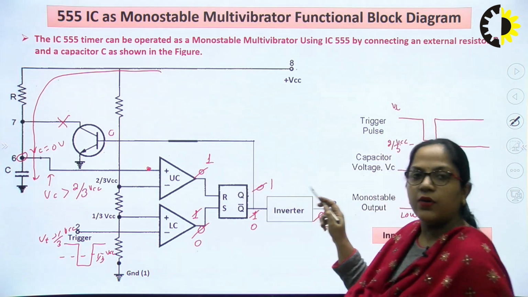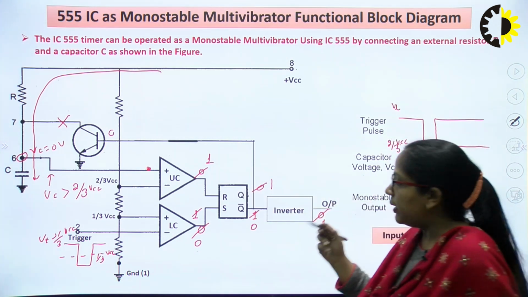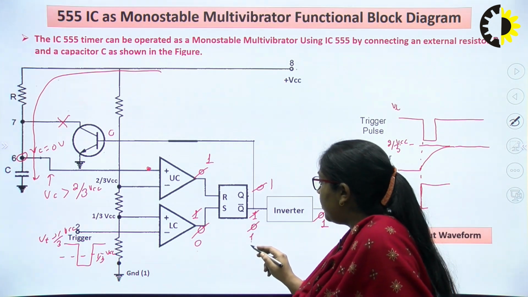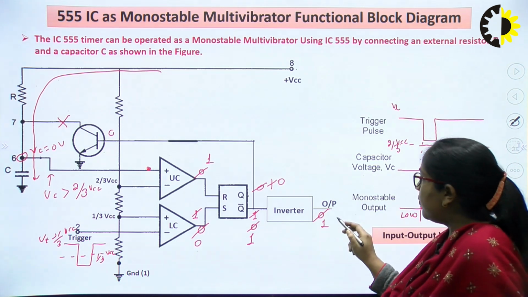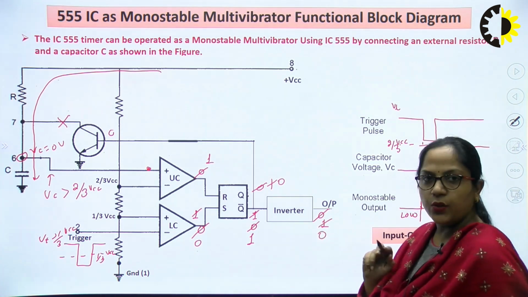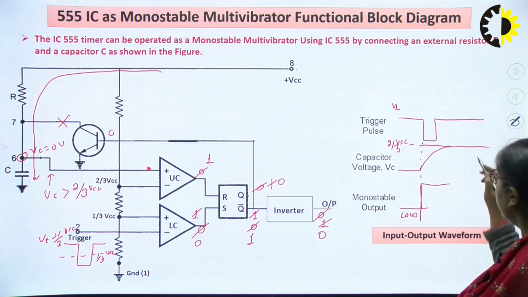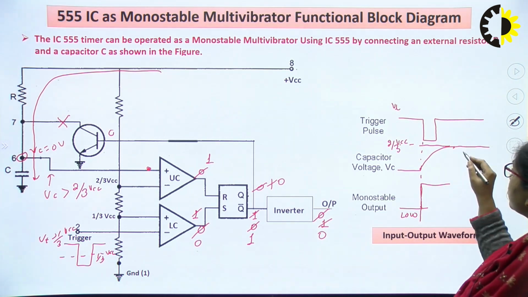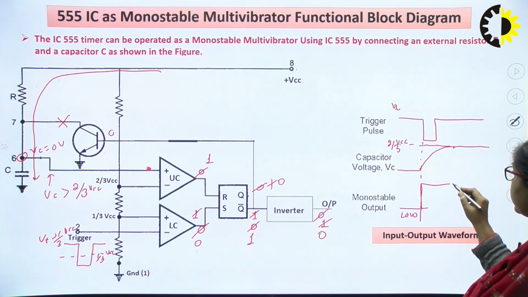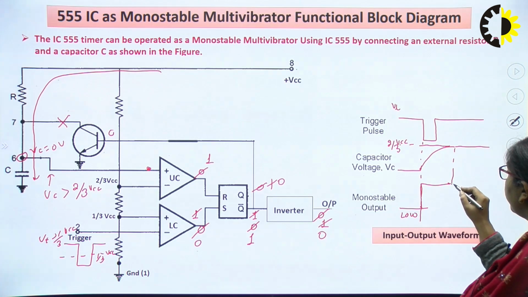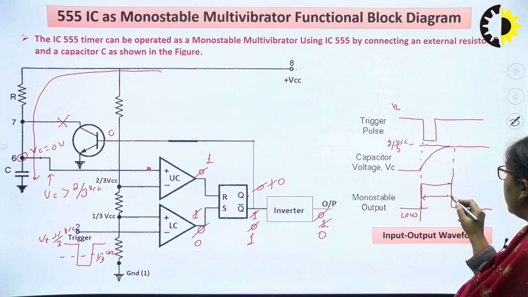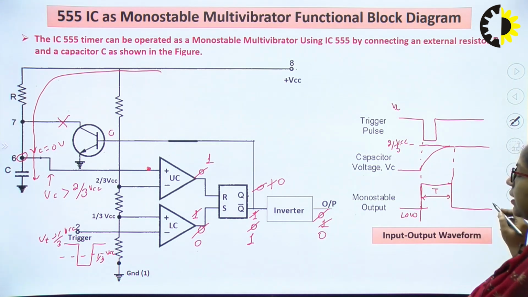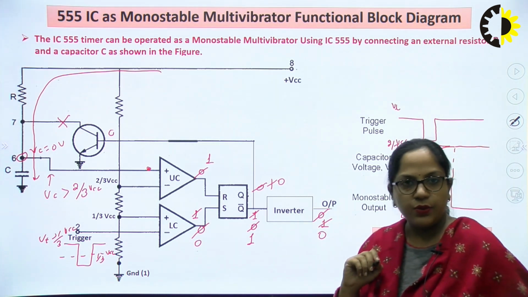With R1 S0, the flip-flop will acquire the reset condition. Reset condition means Q bar will become 1 and Q will become 0. When Q bar becomes 1, the output will become 0, that is its stable state. So the moment the capacitor voltage is greater than 2/3 of VCC, the output state of the circuit will again switch from the unstable state to the stable state, that is from high state to low state.